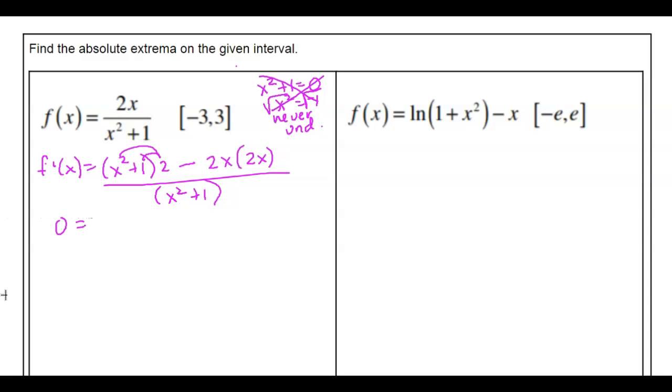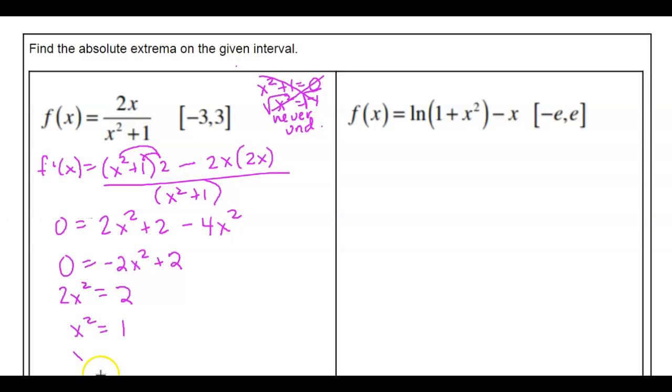So I'm going to distribute to help solve. Minus 4x squared. We'll combine like terms and then solve. So I'll add 2x, divide by 2, and take the square root. Okay, so we're on an interval.